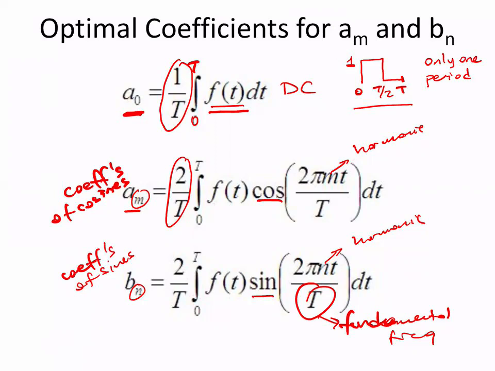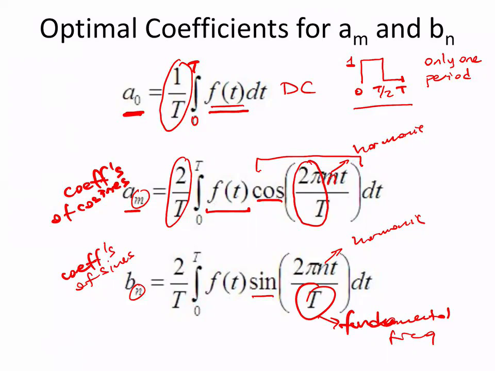As I said in the class, we are trying to find the similarity between our signal and the cosine at different frequencies. This is my fundamental frequency, and this is the nth harmonic.